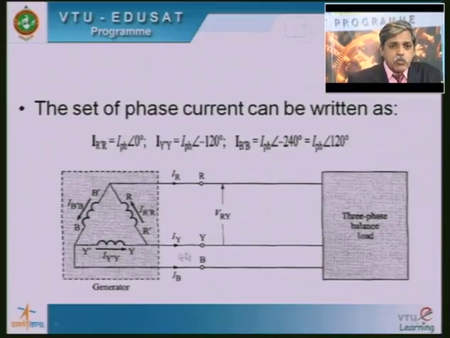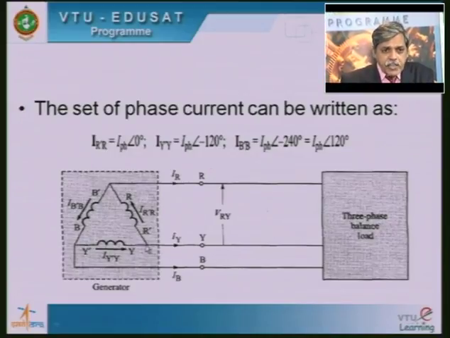Similarly, the voltage I measure between the Y terminal and the B terminal, I will call VYB, and the voltage between the terminal B and R, I will call VBR. Now, Y is nothing but R dash, so when I write R dash, it becomes the phase voltage of the R phase.